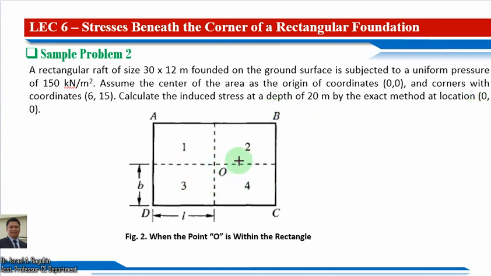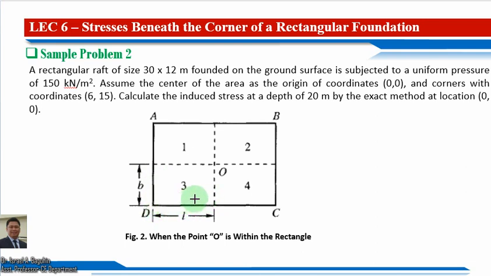So this is our illustration for this, which is case number 1, in which the point is inside the rectangular foundation. So we have this four small rectangles, 1, 2, 3, and 4, and we have this width and this length of such rectangle.